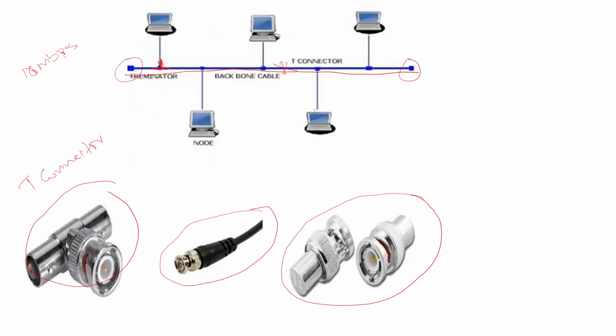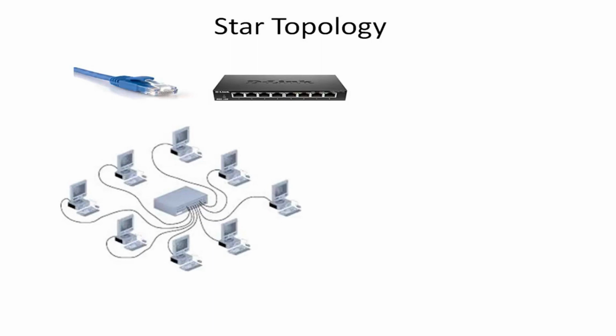If the cable is damaged here, you cannot send data from here to here because of this cable problem. So it is very difficult to find the issues in this case, and it is very costly. This is bus topology. Let us move to the next topology, which is star topology.